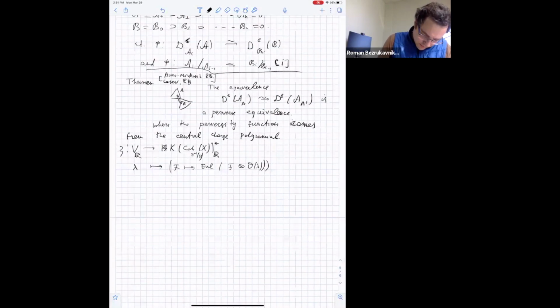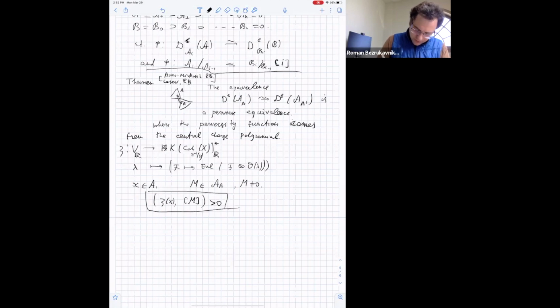But it has the key property that a point in an alcove, which is positive, is not equal to 0, then zeta of x paired with a class of M is more than 0. So this is a key property I can show.